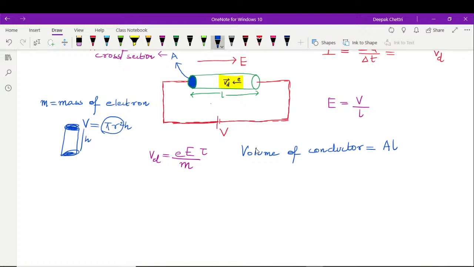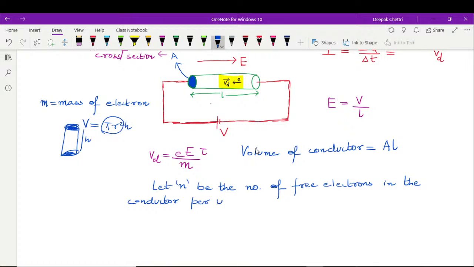So that is that. Now let small n be the number of free electrons in the conductor per unit cube, right?